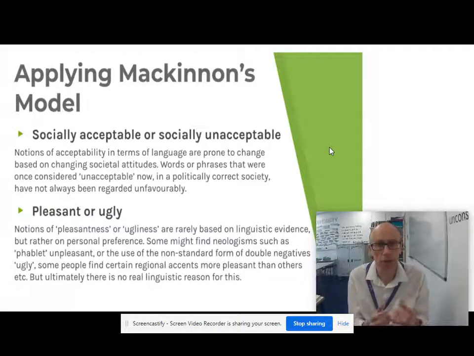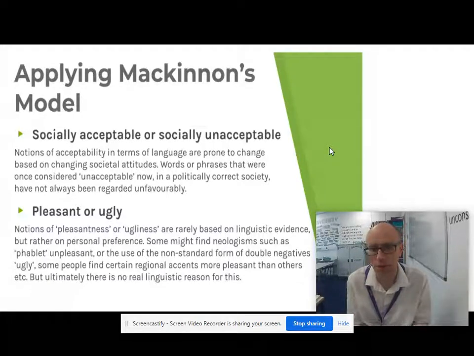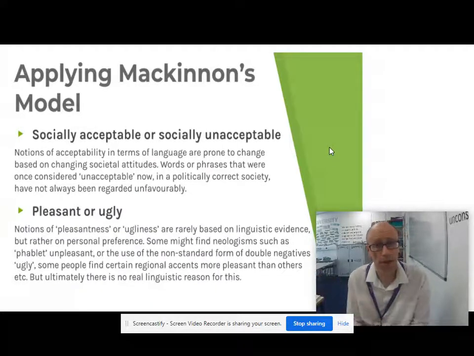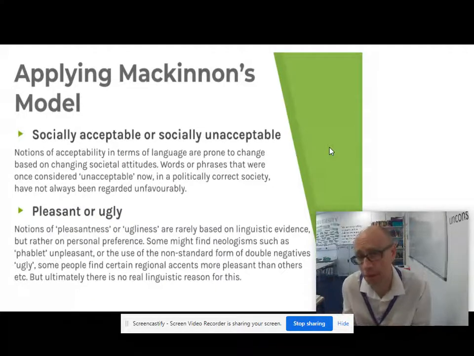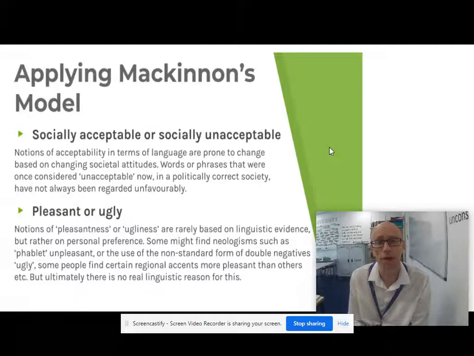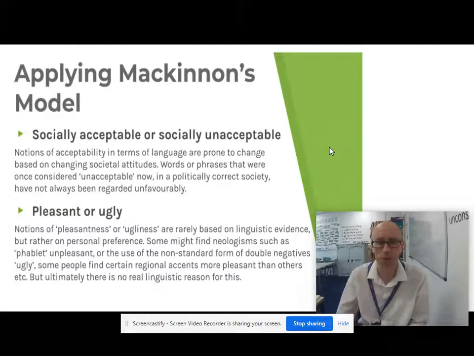People feel that new words coming into the language, take the word phablet, for example, lots of people will shirk from it and think, what an ugly sounding word that is. Or they won't like things like the double negative form that I mentioned in the last video. Or maybe they come across an accent like the Birmingham accent and they respond to it in some kind of negative way. These are not linguistic objective responses. These are very subjective responses that we've got.